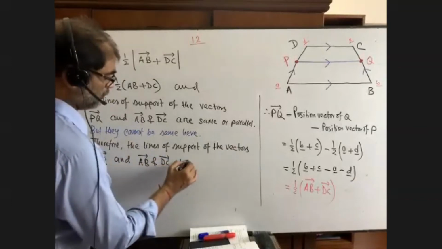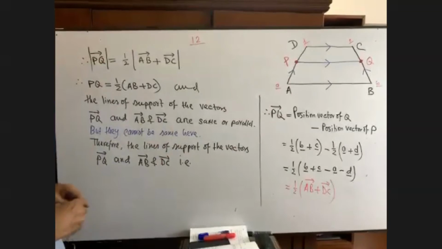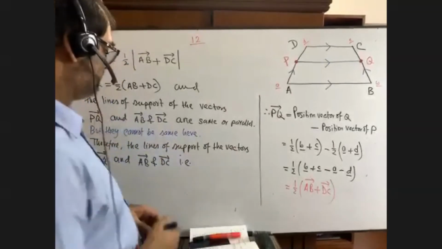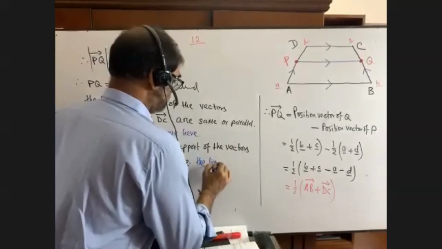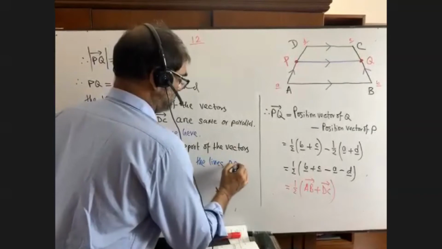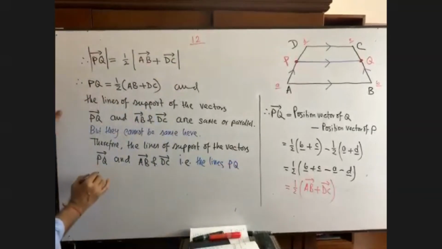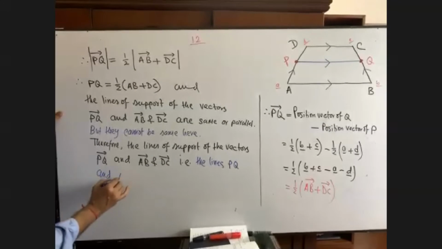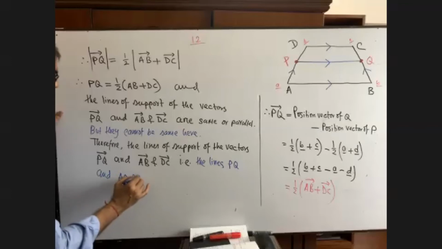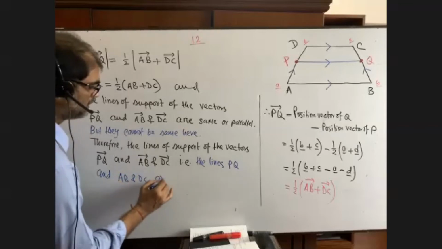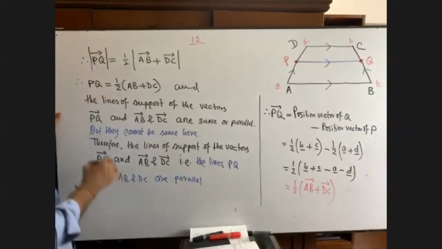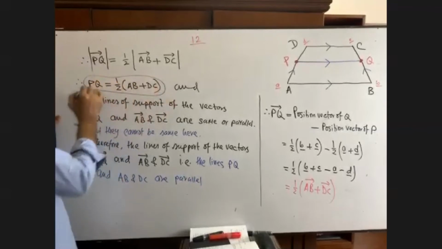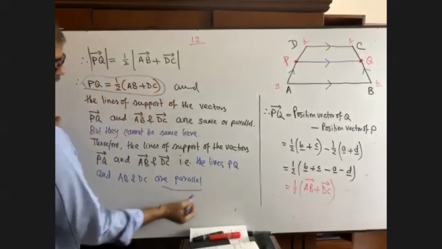That is what I am writing, you write that. That is the lines PQ and AB and DC, now it is lines, not vector, are parallel. We have proved here they are half of this, and here we have proved they are parallel. So our math is done.